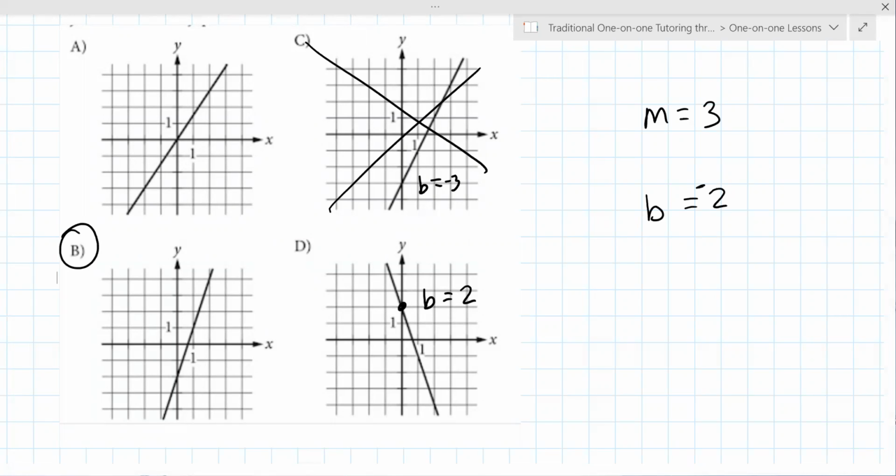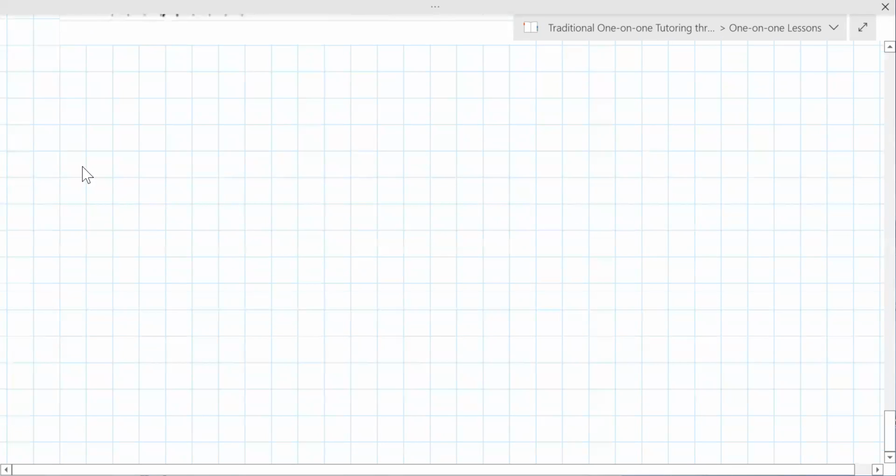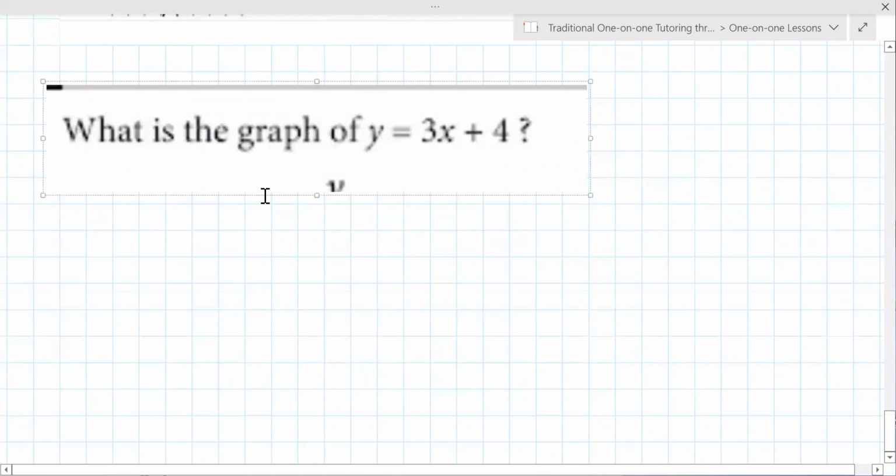All right, let's see if I can find another one like this. Yep, here we go. Lots of graphing. Graphing is really important to be able to do. All right, so here we go. I want you to tell me the slope and the b value.